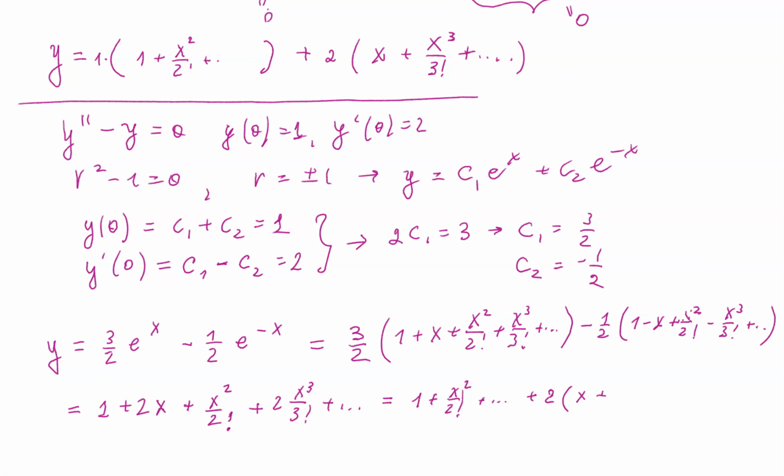That's x plus x cubed over 3 factorial and some other terms. Do you see that now solutions are identical? The first set of numbers is 1 plus x squared over 2 factorial and so on. And the second set of numbers is x plus x cubed over 3 factorial and multiplied by 2.